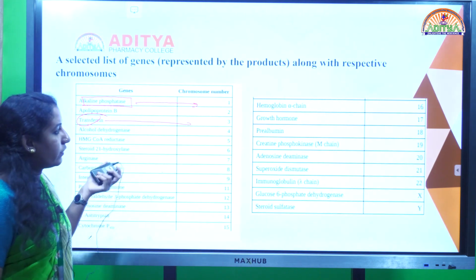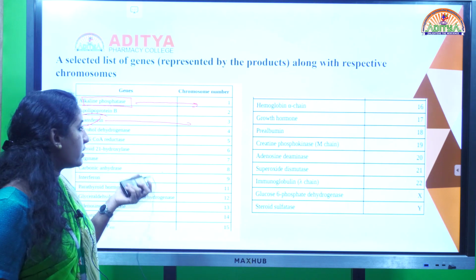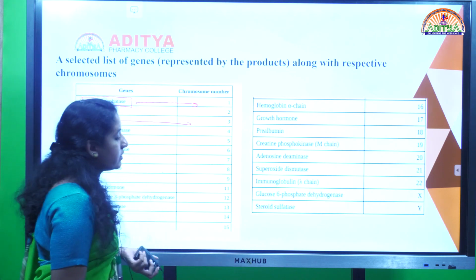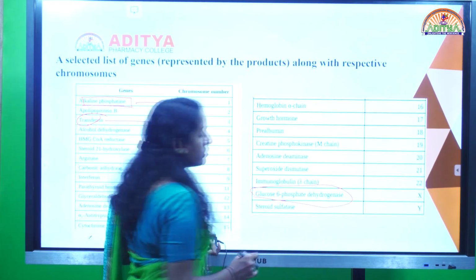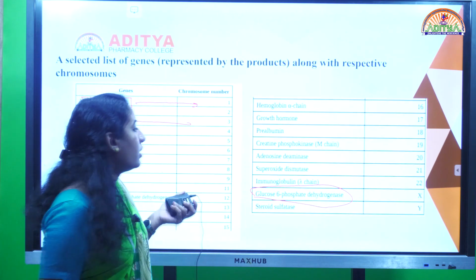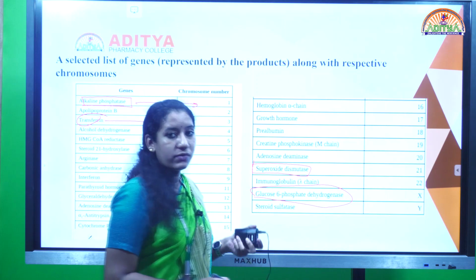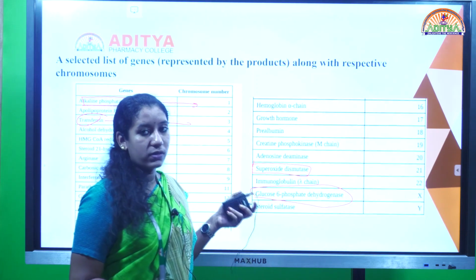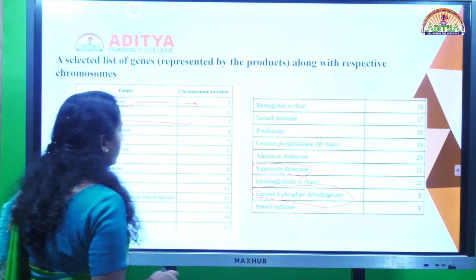Like that, different types of genes along with their chromosome numbers are given in this table. For example, the gene which encodes glucose 6-phosphate dehydrogenase is present on chromosome X, and the gene which encodes superoxide dismutase is present on chromosome number 21.